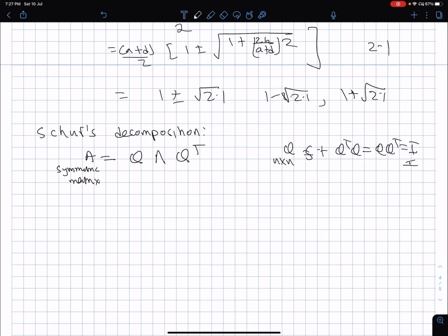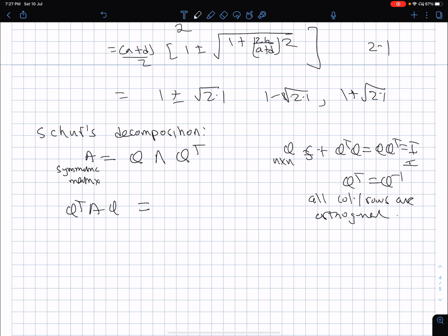Q transpose is Q inverse, and all columns and rows are orthogonal, that is, perpendicular to each other. So therefore, if you look at Q transpose AQ, this is nothing but the diagonal matrix.